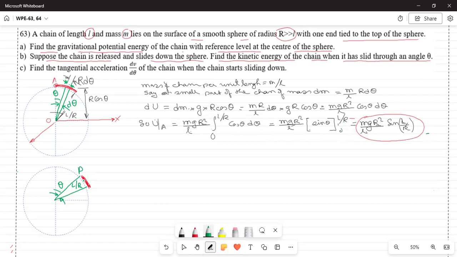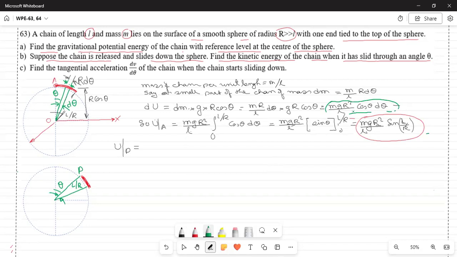So let us find out the potential energy at P. We shall use the initial equation for dE.